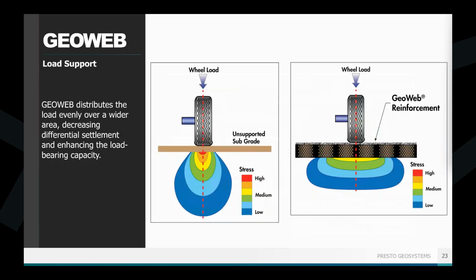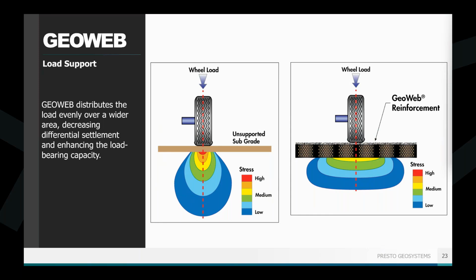I just want to show this because this is a great way to visualize what that mattress effect is. You have your unreinforced section on the left and then the GEOWEB reinforced section on the right. You can see a pretty dramatic difference in that stress bulb. On the unreinforced section, you have all the way up to your highest levels of stress, and it's got a pretty typical steep angle. So the bulb is relatively narrow and quite deep. But with the GEOWEB reinforcement, one, you've reduced your highest stresses.